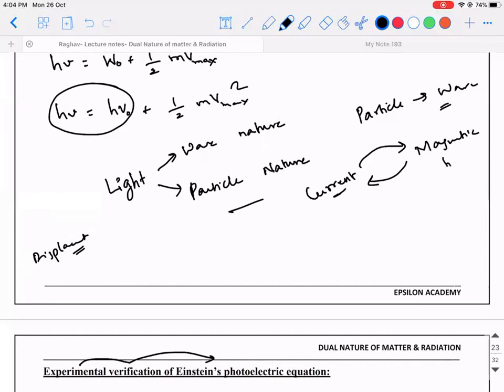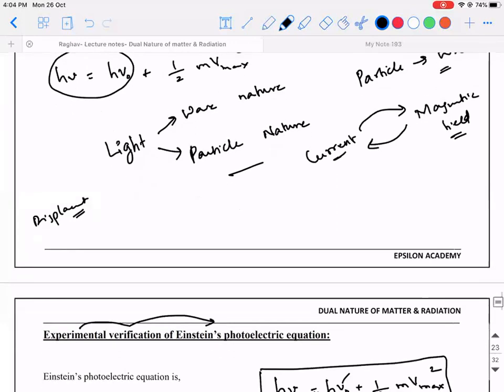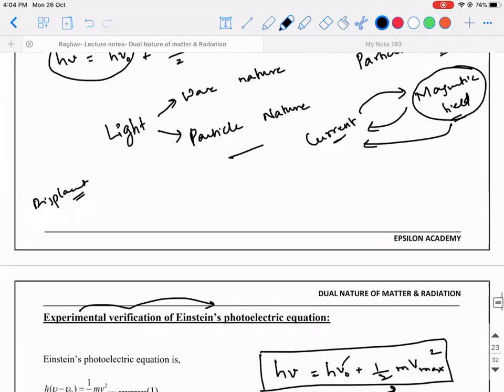You can sense the magnetic field because if you place a compass, it is going to show some deflection. And in the same chapter, we saw that using a magnetic field, we can generate current also. That is symmetry.